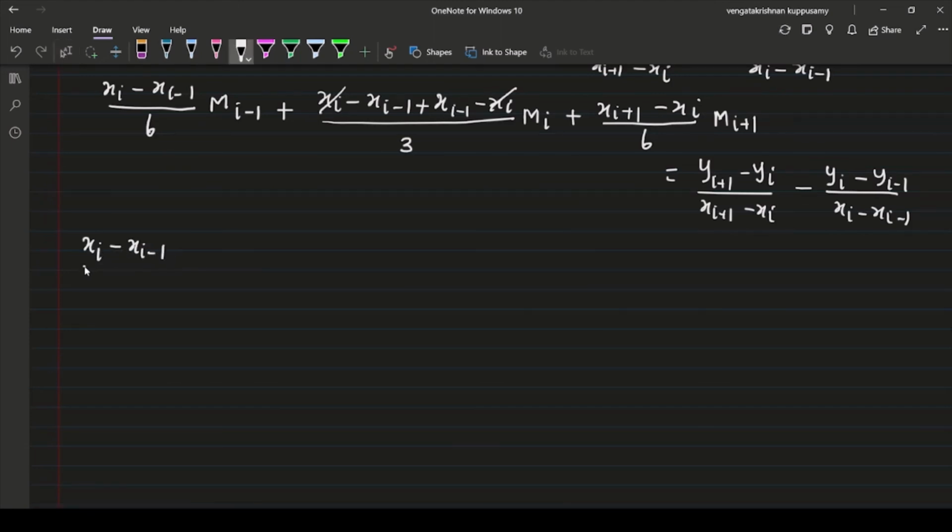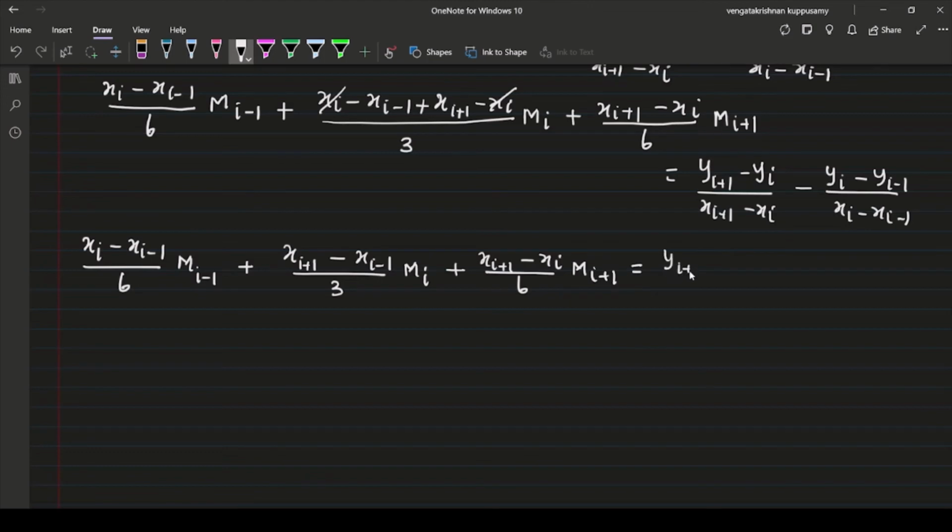We have (x_i - x_{i-1})/6 into m_{i-1} plus (x_{i+1} - x_{i-1})/3 into m_i plus (x_{i+1} - x_i)/6 into m_{i+1}, equal to (y_{i+1} - y_i)/(x_{i+1} - x_i) minus (y_i - y_{i-1})/(x_i - x_{i-1}), where i varies from 2, 3, 4, etc. up to n.